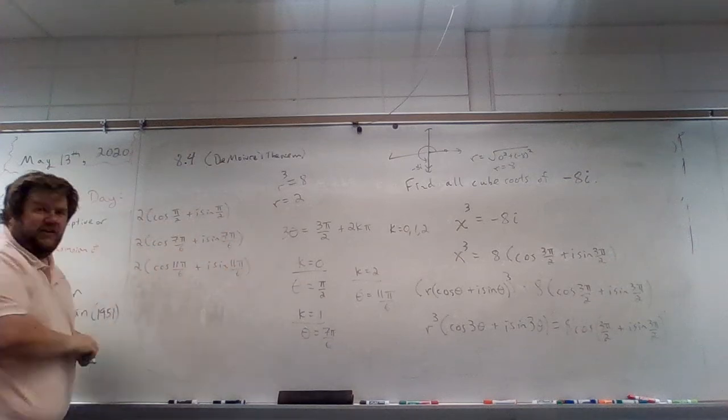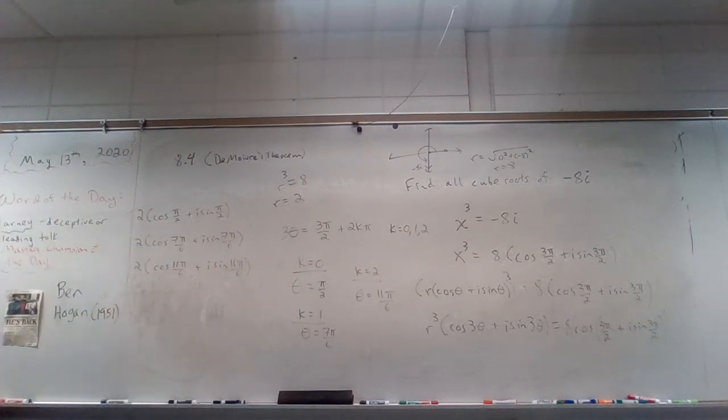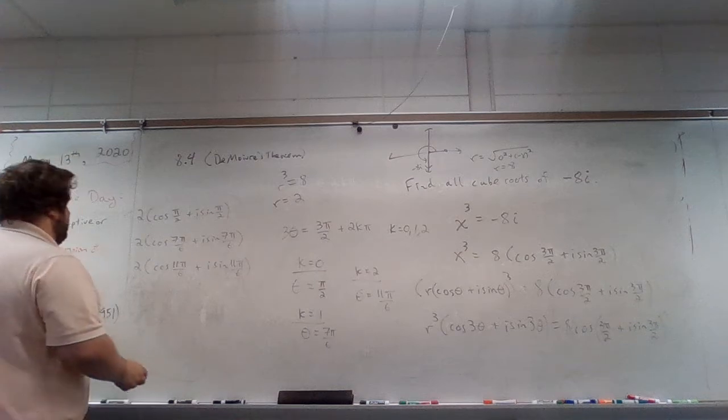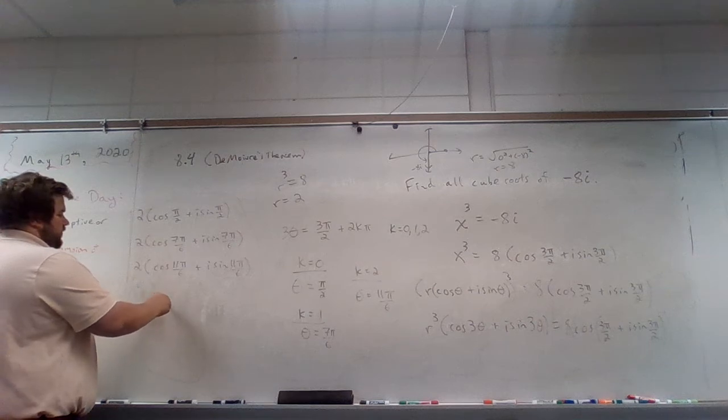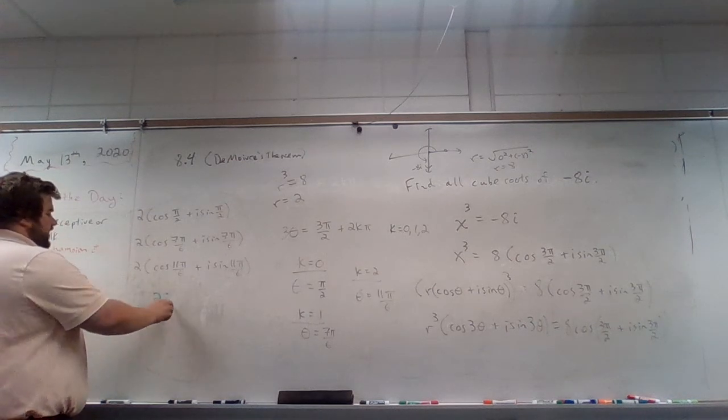If we want these in rectangular form, which they might ask for, we could also write this out as, let's see here. Well, let's just evaluate real quick. So this one is 2i.